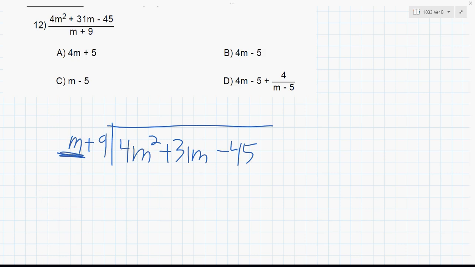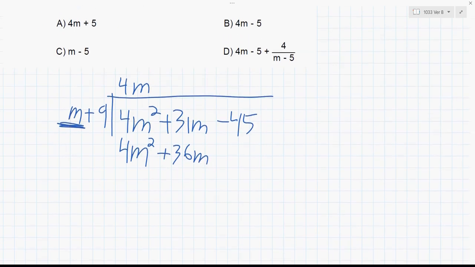So what things can I use to make m cancel out 4m squared? Multiply it by 4m. So that'll end up giving me a 4m squared when I multiply it back by the m, but I also have to multiply that 4m by the 9. So when I multiply 4m by 9, I end up getting 4 times 9, which is 36. We're going to have that as 36m.